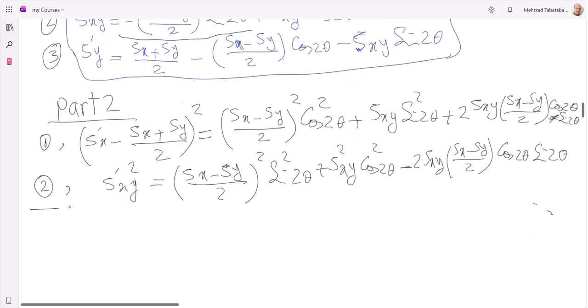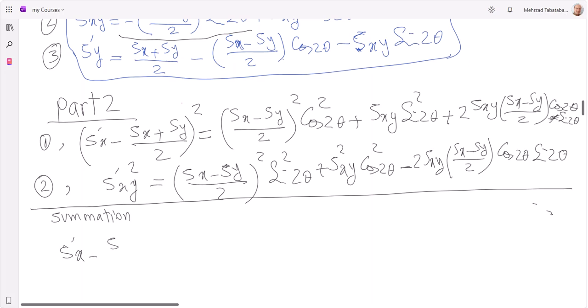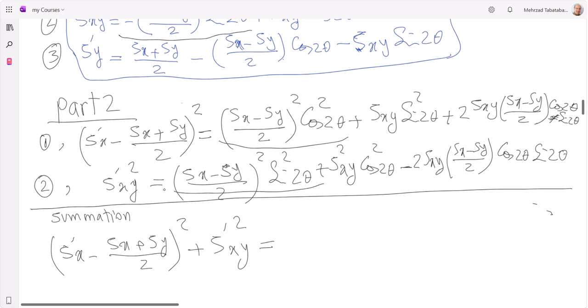Now let's sum up these two expressions. The summation gives me on the left hand side (s prime x minus (sx plus sy) divided by 2), the whole thing squared, plus the left hand side of equation 2. And look what happens to the right hand side. This term and this term, if I factor out (sx minus sy divided by 2) squared, sine squared 2 theta plus cosine squared 2 theta becomes 1.